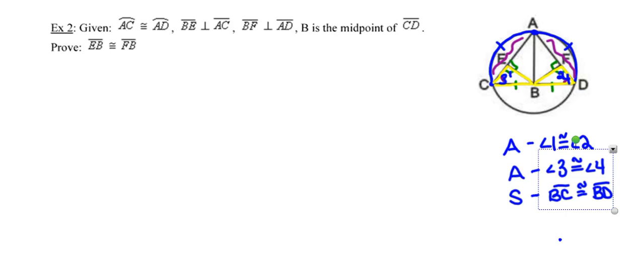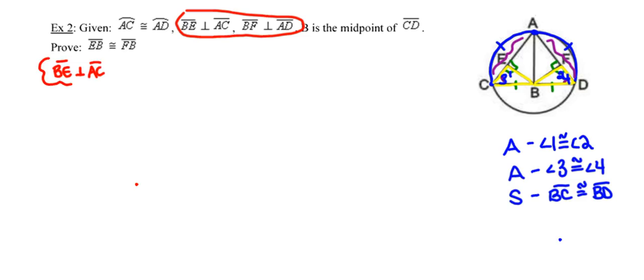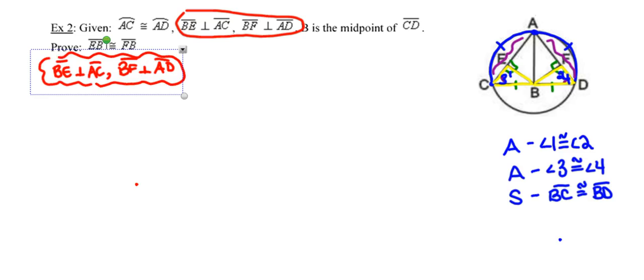So 1 and 2 were the right angles. I knew they were right angles because of the given perpendicular segments. So I'm going to start off my proof talking about those perpendicular segments. And we know that perpendicular segments always give us angles that are right angles. So that makes angle 1 and angle 2 the right angles.